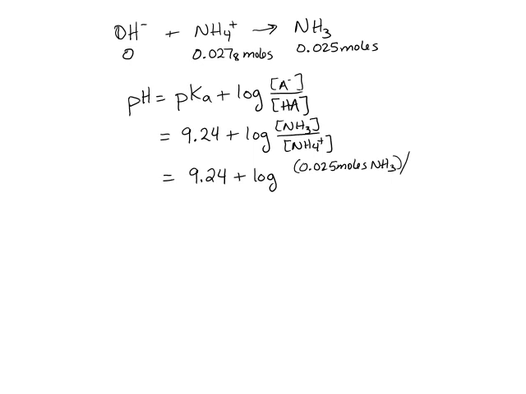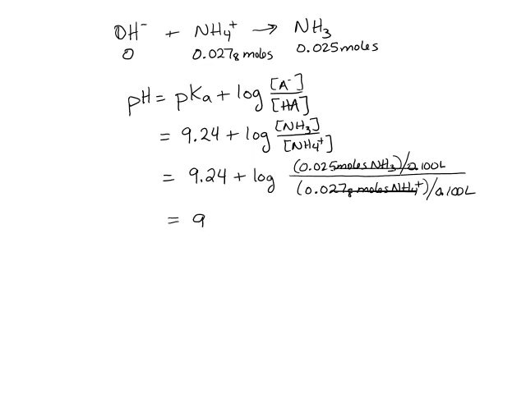Since we had 80 milliliters of buffer and we added 20 milliliters of sodium hydroxide, our new volume is 100 milliliters or 0.100 liters. In terms of the concentration of the ammonium ion, we have 0.0278 moles, also divided by the total volume of solution of 0.1 liters.